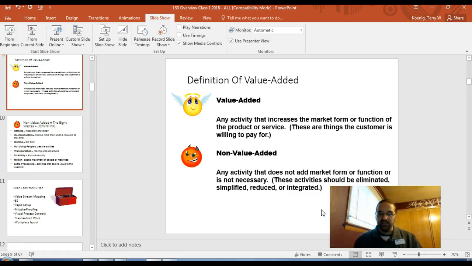All of those activities are non-value add. In this case, the way we're teaching it. Now, all of those can make your process better, and some of those might be necessary currently in order to make good product. That does not make them value add.